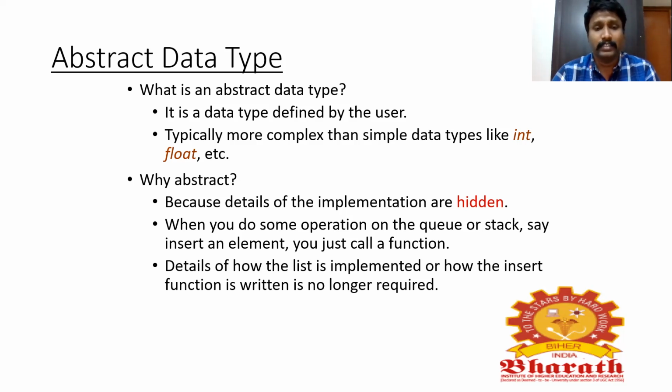I'm repeating it. What is an abstract data type? It is a user-defined data type, typically more complex than a simple data type. What are the simple data types? Integer, float, character, etc. But the abstract data type is defined by the user.